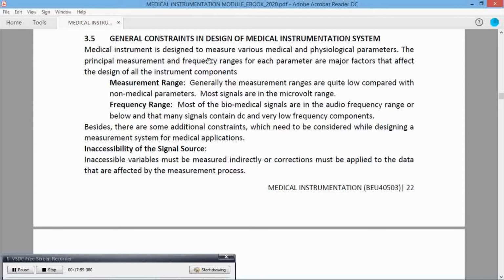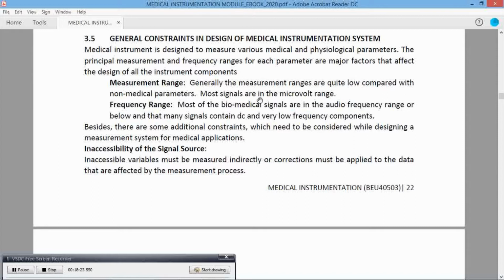We know already that medical instruments are designed to measure various medical and physiological parameters. The principal measurement range and frequency range for each parameter are major factors that affect the design. So there are two things: one is known as the measurement range, another is the frequency range. Generally, measurement ranges are quite low compared with non-medical parameters.